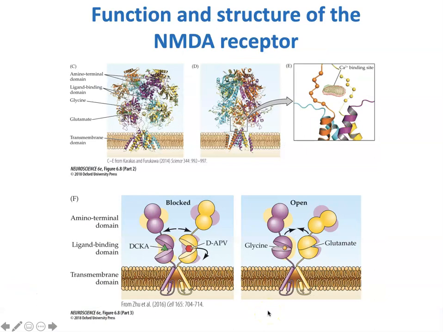With these NMDA receptors, what we're going to see is that as you increase neuronal activity or activation of these receptors, you can effectively encourage the production, so transcription and translation, of more NMDA receptors that would be placed into the membrane.